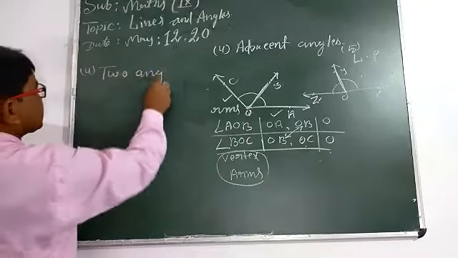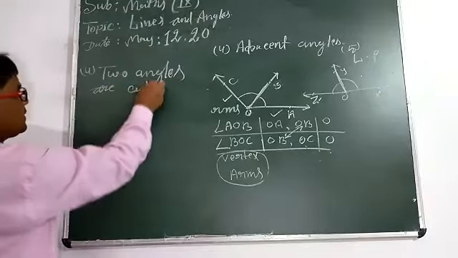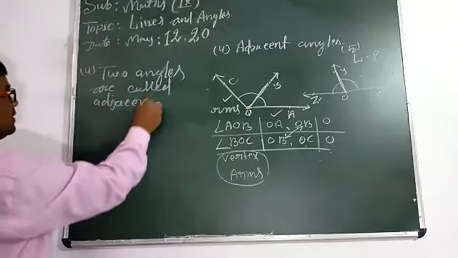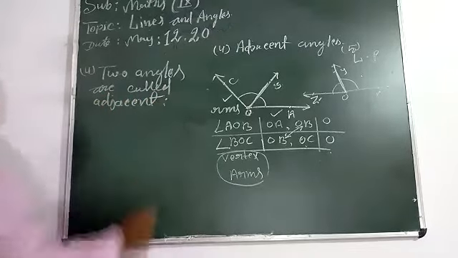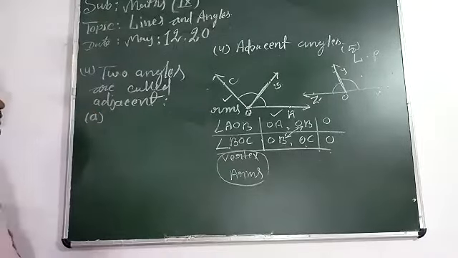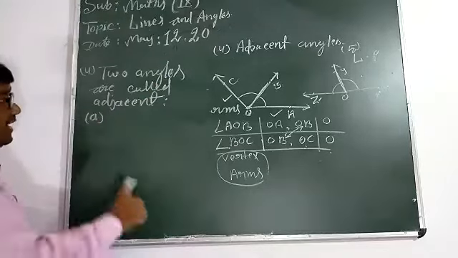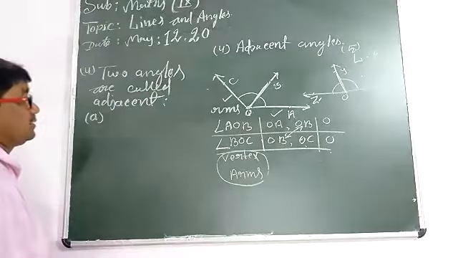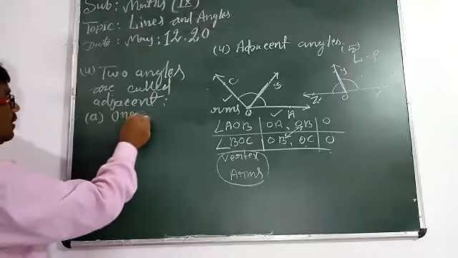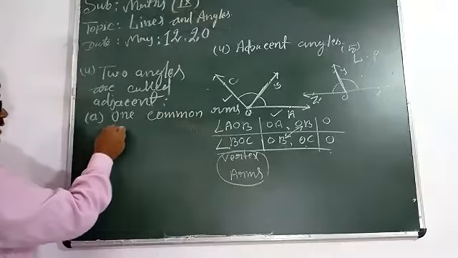Two angles are called adjacent when, according to their side arms: A, one common arm.